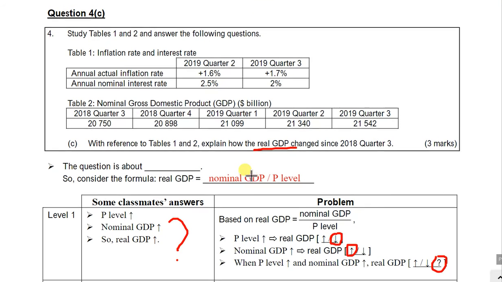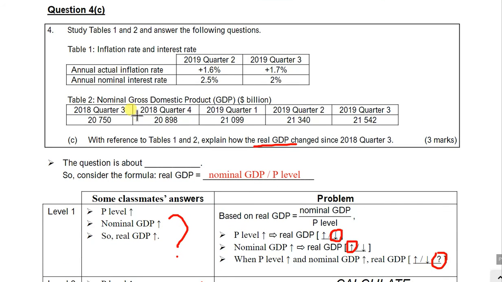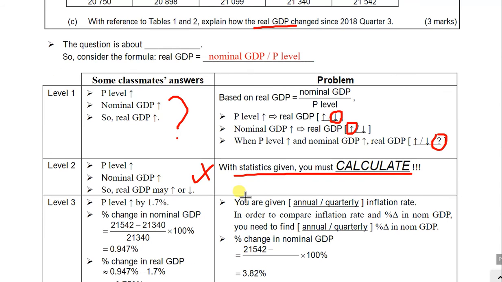Because, as I have reminded you many times, if you have some statistics in the question, you must do a little bit of calculation, right? So you have got the real GDP, nominal GDP. You have got the change in the price level, right? So somehow you can do the calculation and see whether real GDP increases or decreases. Because you have numbers, you have to do the calculation.